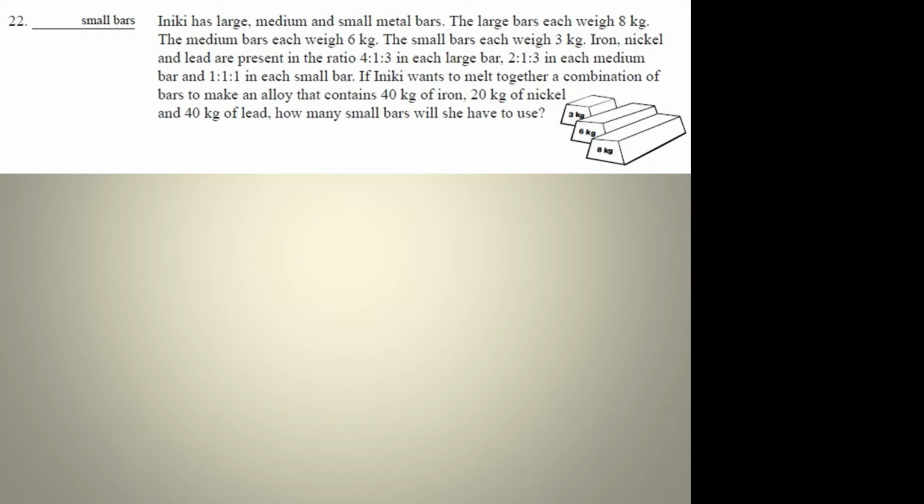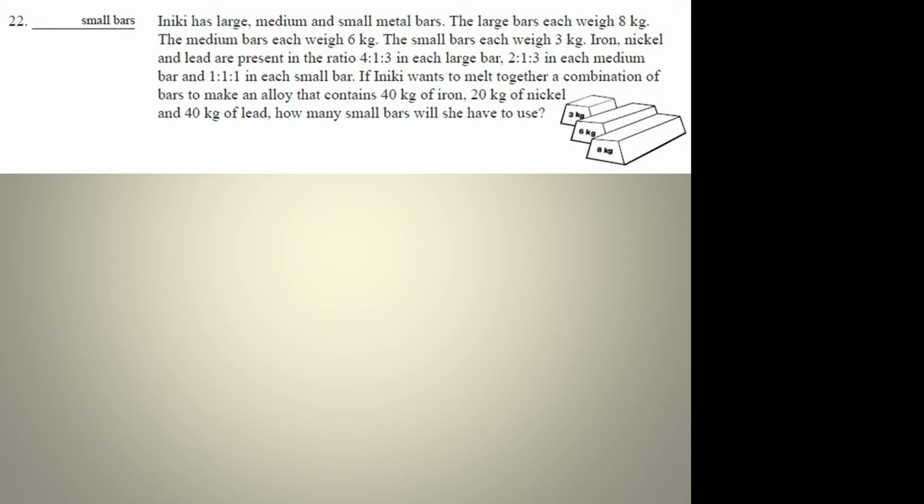If this is too random, there will be a terrible question here. So let's find something useful. Let's look at the small bar. Small bar, 3 kilograms, and the ratio is 1 to 1 to 1. That is very helpful.